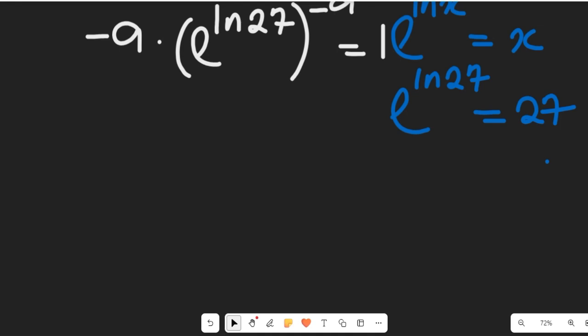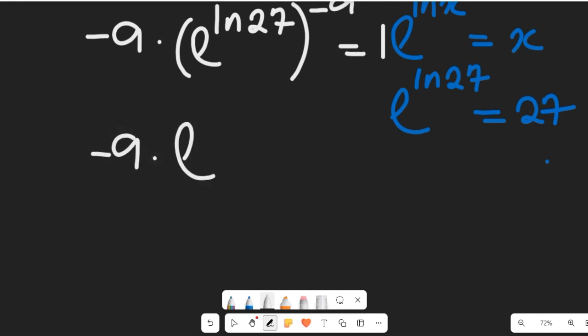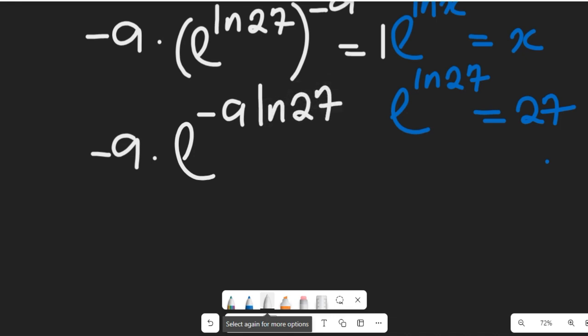If I multiply the index, I'll have this become negative a multiplying the exponent of negative a multiplying the ln of 27, and this will be equal to 1.